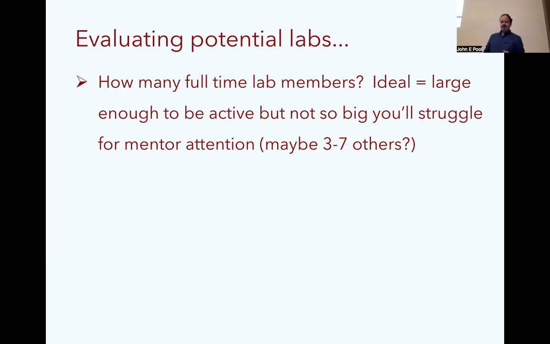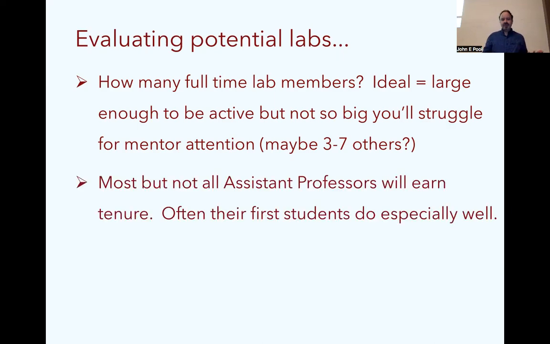The one exception that I would make there, though, is for new labs. Now, there are things to consider in terms of potentially working with pre-tenure faculty. So the faculty track goes assistant professor, associate professor, full professor. Assistant professor is generally the pre-tenure phase.